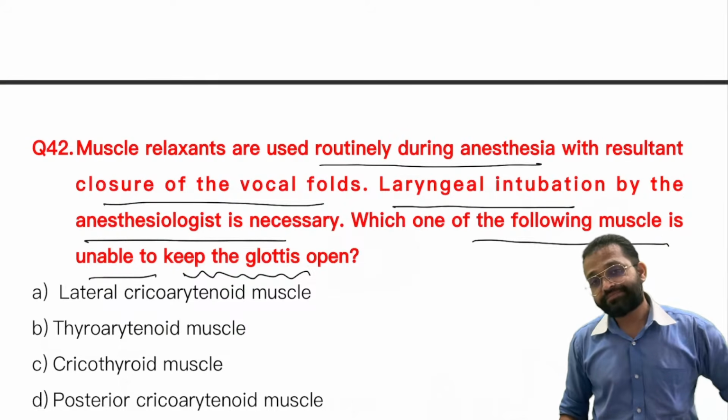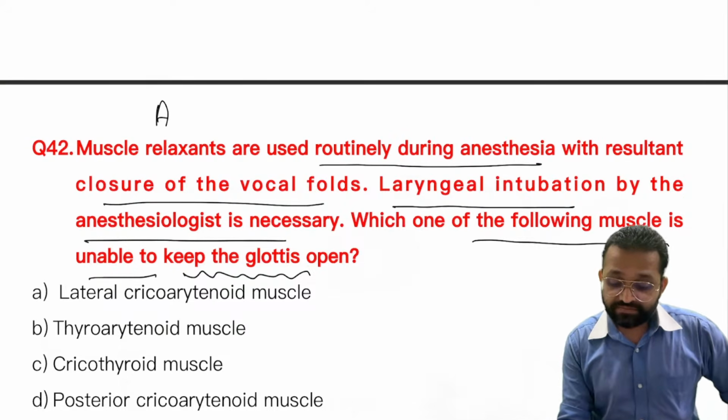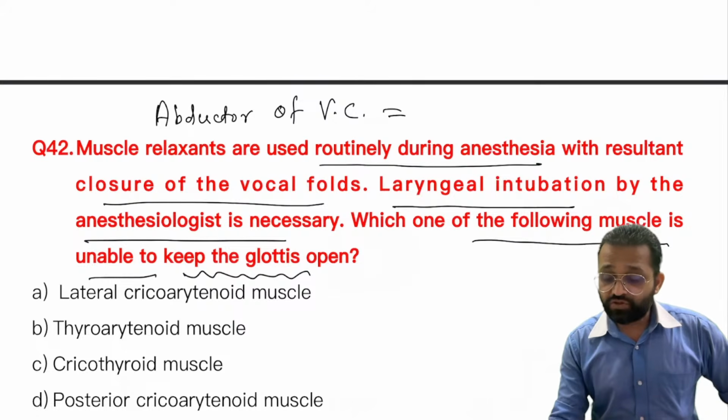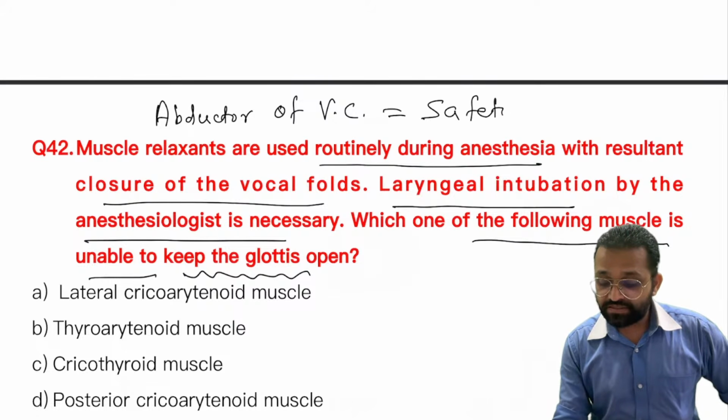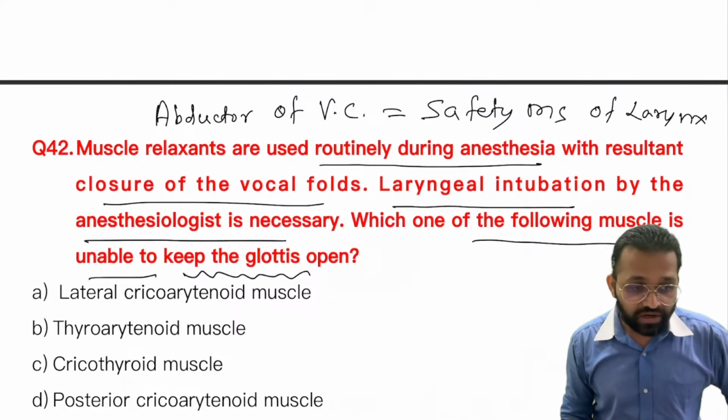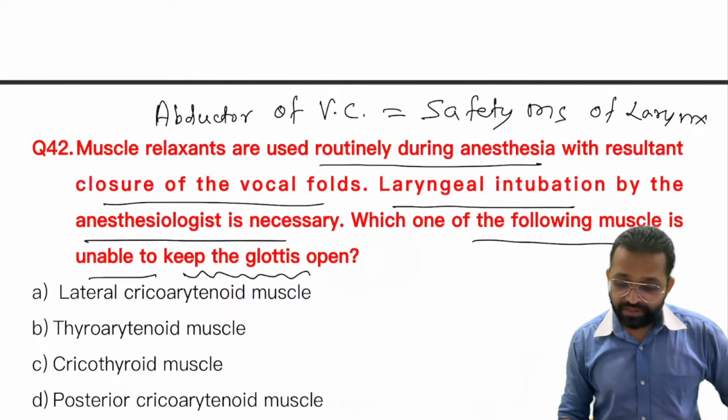So can you tell me which muscle is the abductor of the vocal cord, which is also known as the safety muscle of the larynx? Very good, Ankush. Yes, you all are right.